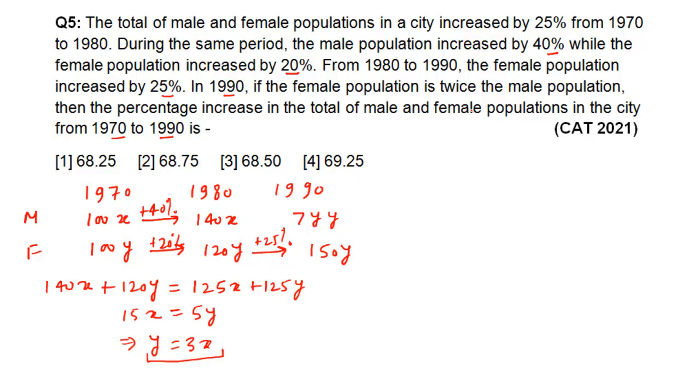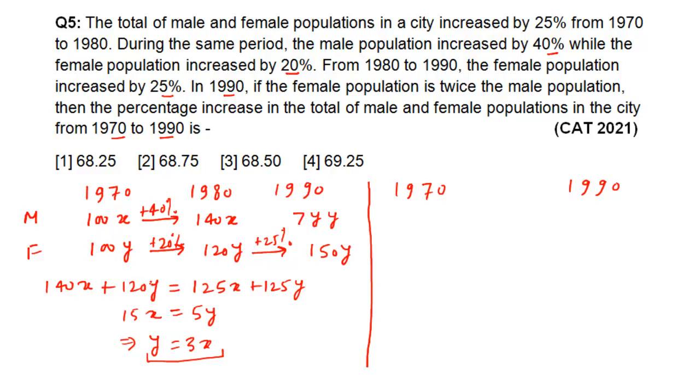Okay, so now what we have to calculate in the question is the percentage increase in the total of male and female population in the city from 1970 to 1990. Just write 1970 and 1990, and we have to write in terms of either y or x. So in 1970 this is 100x plus 100y, and I am just converting the whole thing into x.